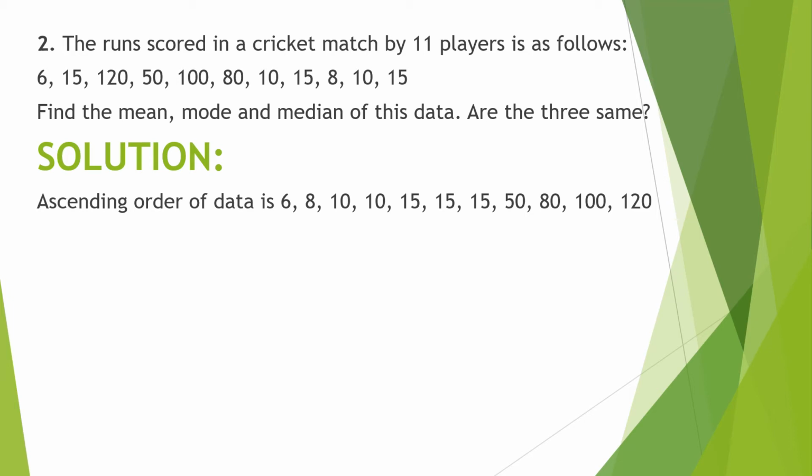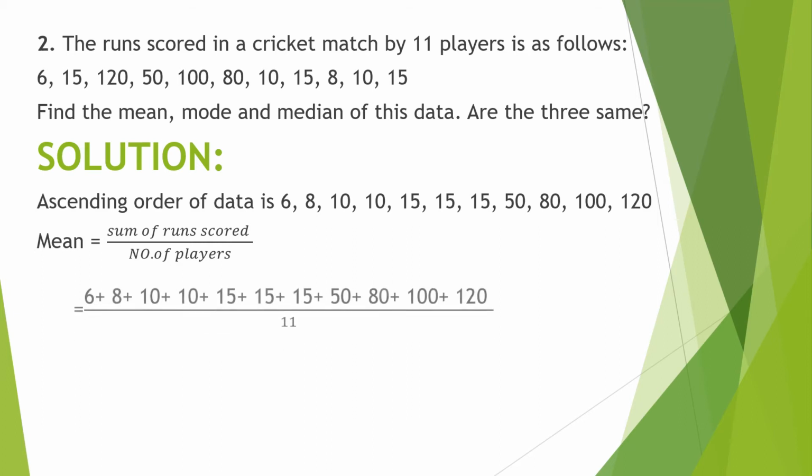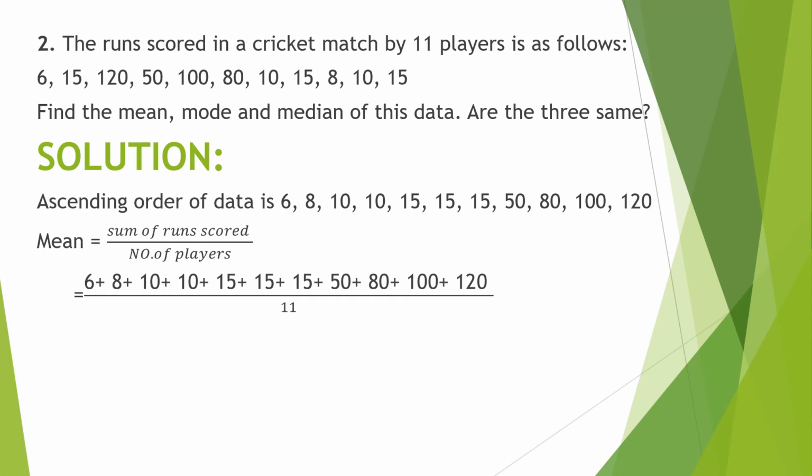First we can find the mean. Do you remember the formula to find the mean? Yes, sum of observations upon total number of observations. Here mean equals sum of runs scored upon number of players. So we add them and divide by 11. We get 429 divided by 11 equals 39.